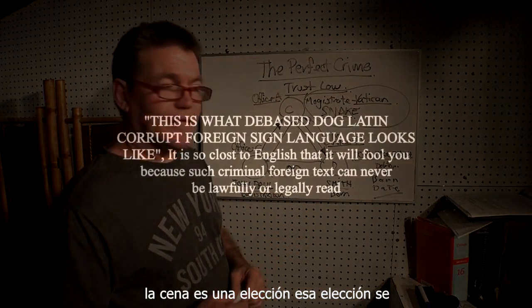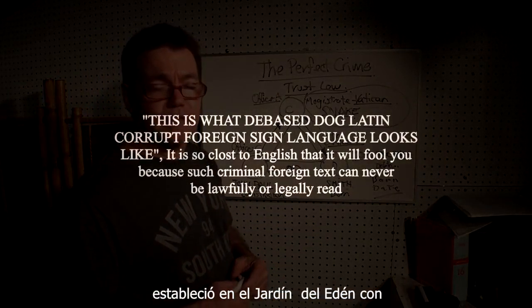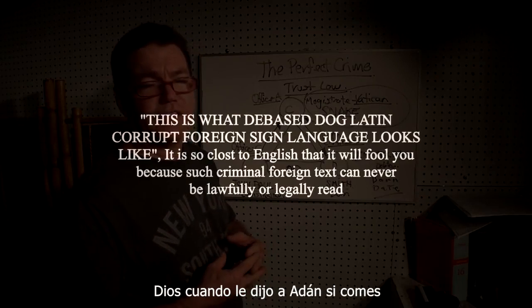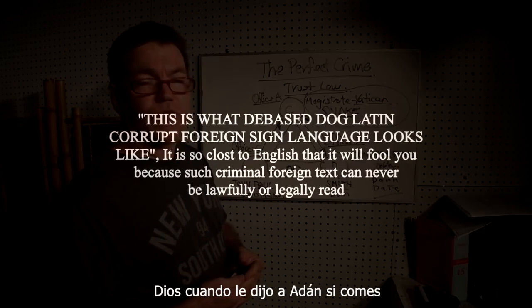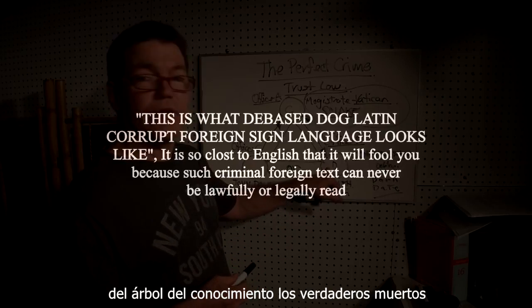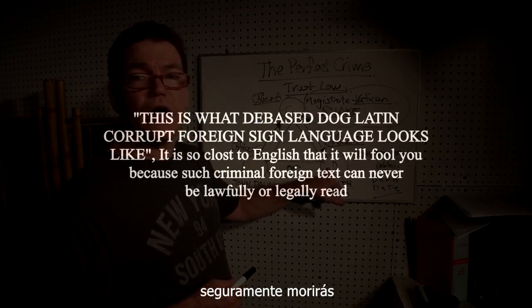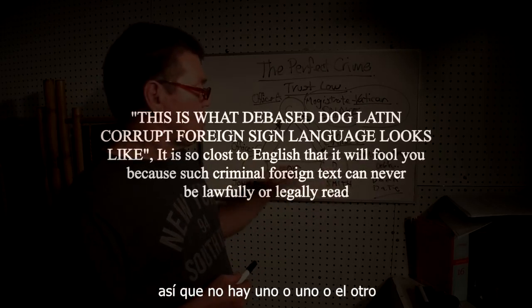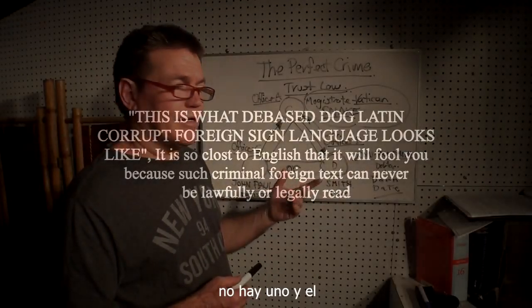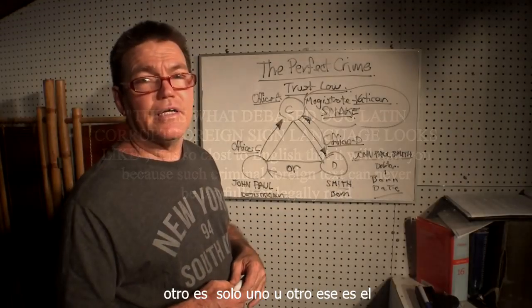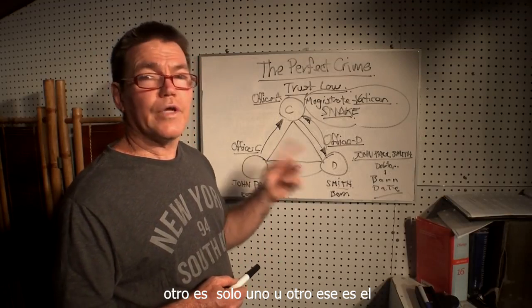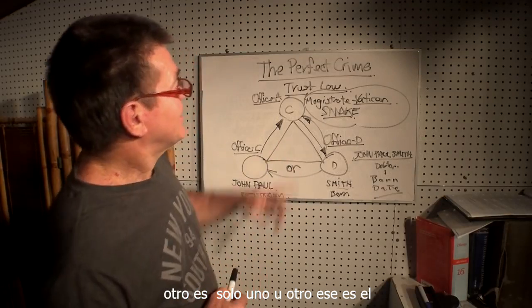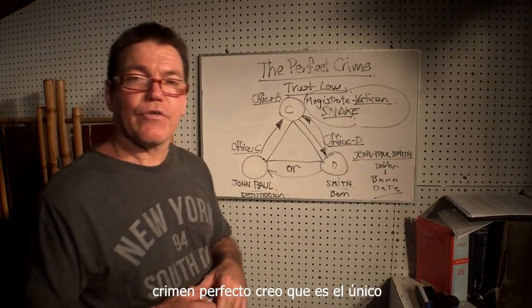It's a choice. That choice was established in the Garden of Eden with God when he said to Adam, if you eat from the tree of knowledge, the tree of death, you will surely die. So there's no one or the other. There's no one and the other. It is just one or the other. That's the perfect crime.